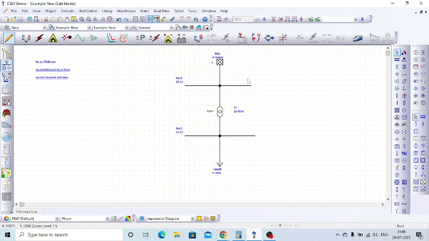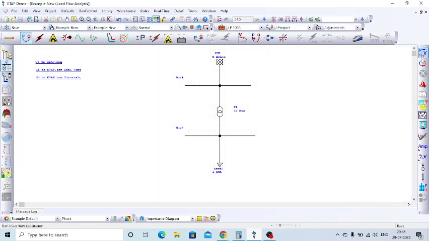Now I have done the simple two bus system with one power grid and one static load of 4 MVA. Once the modeling is done, next we have to go to the load flow option on the right. Once you enter that load flow option, first we have to set the edit study case. The suitcase symbol is edit study case.